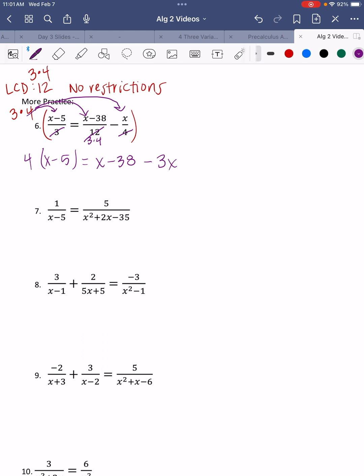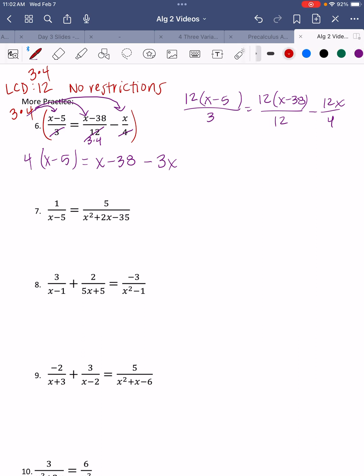Now, if this is confusing to you, over to the side, I'm going to write what we just did. We did 12 times the first fraction, 12 times the second fraction, 12 times the third fraction, and we just simplified it quickly. So let's see what we did here.